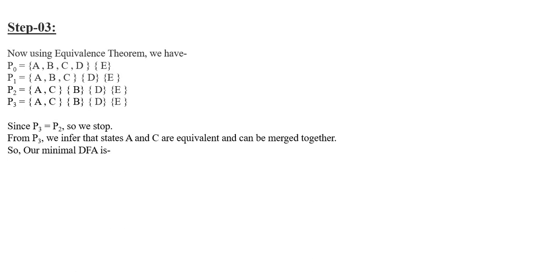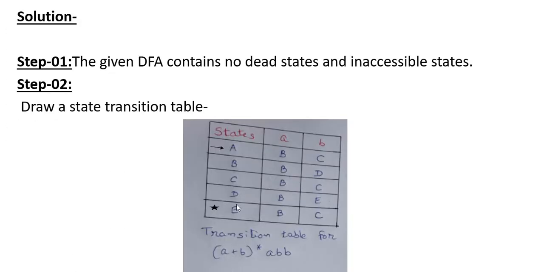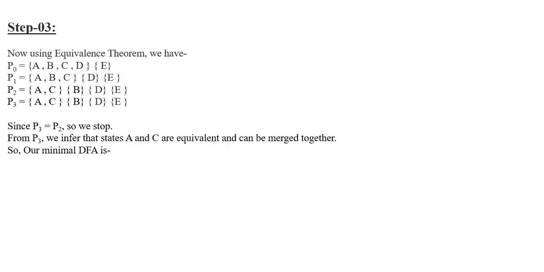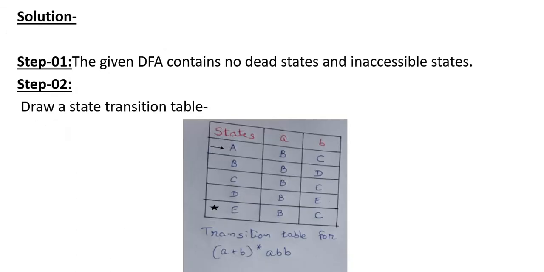There are two partitions. Here E is a final state, so ABCD, these four, are non-final states.